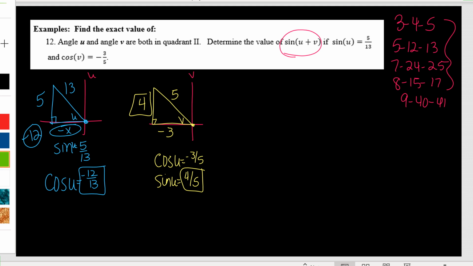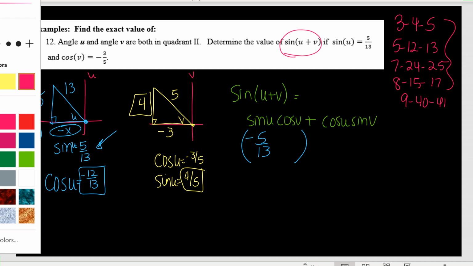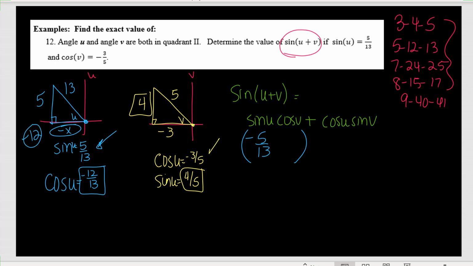We're just going to write it all out into our expanded formula. So sine of U plus V is sine of U multiplied by cosine of V plus cosine of U multiplied by sine of V. So sine of U was given to us, that is 5 over 13, and cosine of V is also given to us, that was negative 3 over 5.